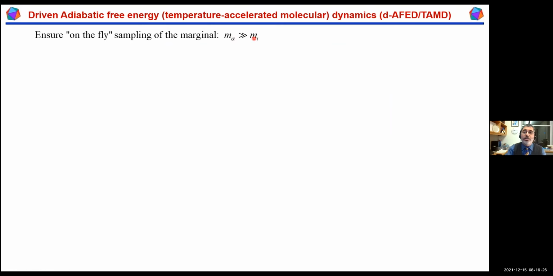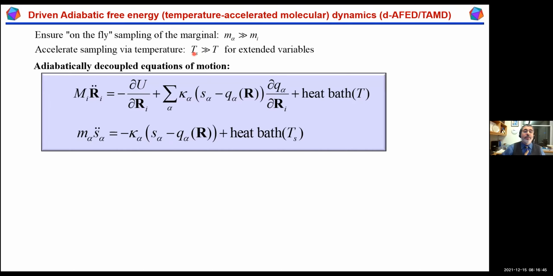So the way that we boost the sampling is to introduce a temperature for these S variables that's large compared to the physical temperature, large enough so that you can cross any barriers on your landscape, okay? So your equations of motion for this kind of adiabatic dynamics look like this. Your physical variables are at physical temperature, and these extended variables, which are just governed by this harmonic potential or harmonic force, are at this high temperature.